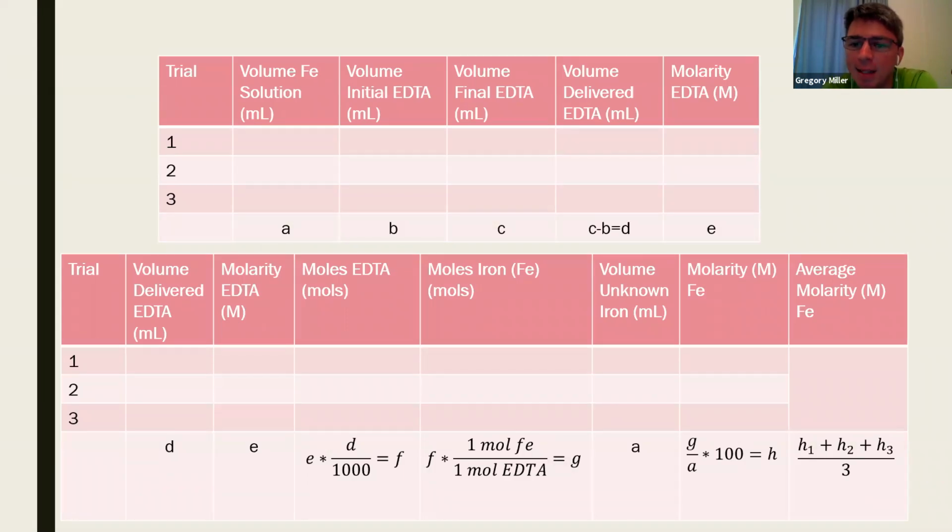So this is the data table that will more or less be uploaded, and some of it will be filled out for you. Any of the measured values, as always, I will provide for you, but the calculated values will be up to you guys to figure out. Even something simple like the volume delivered. So what's down here along the bottom is kind of a short key of how to calculate each of these pieces.